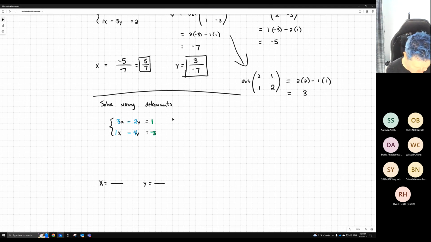So to find del, we just take the determinant of the blue highlighted coefficients, the side with the x and y.